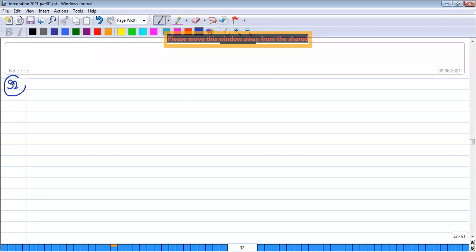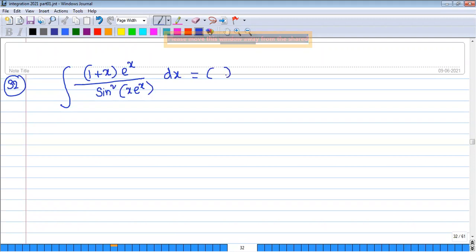32nd problem. Integral of 1 plus x times e power x upon sine square of x e power x dx. First option: minus cos of x e power x plus c.